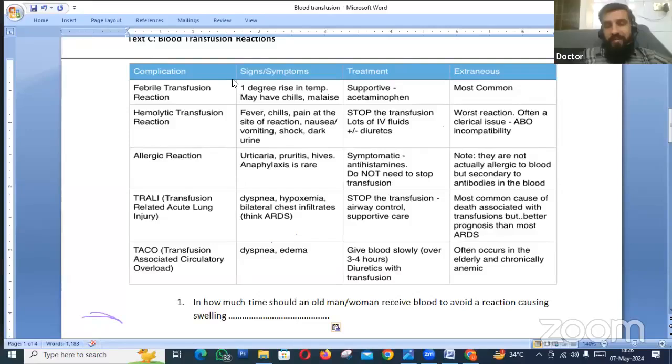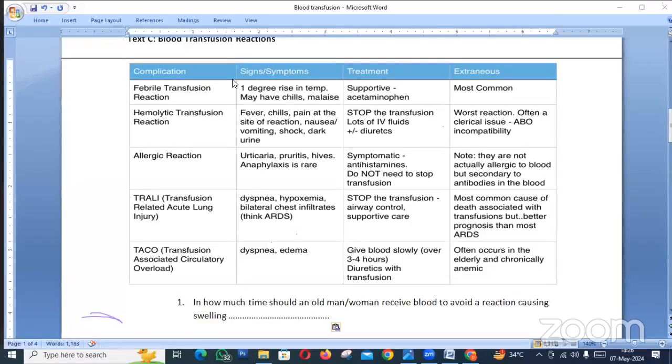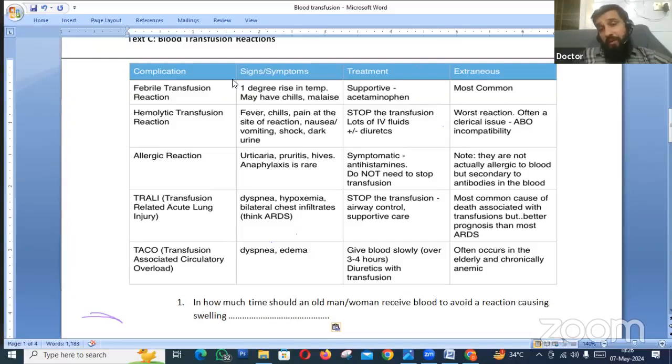Do you write this in the fill in the blank? Yes, I will write this one, and I will also mention 3 to 4 hours. Then your answer would be wrong if you mention TACO and the time also.